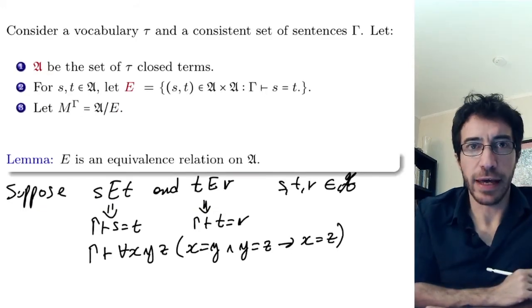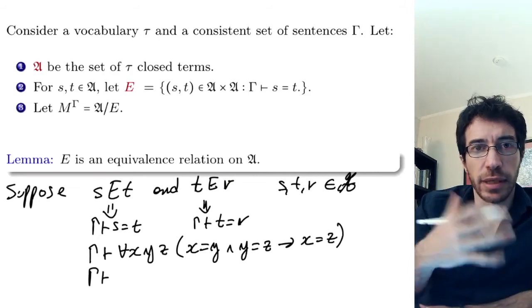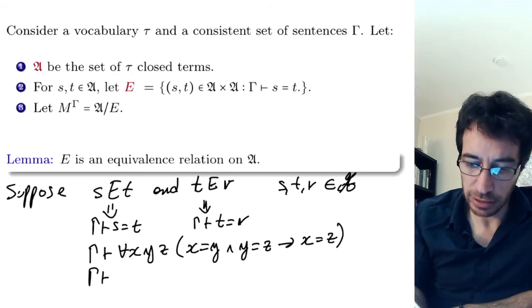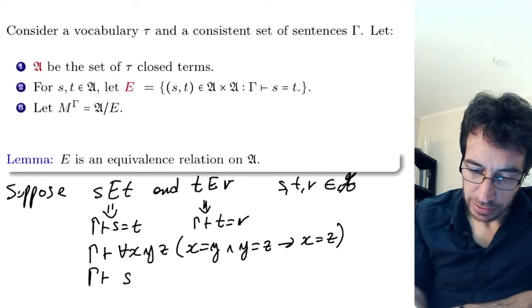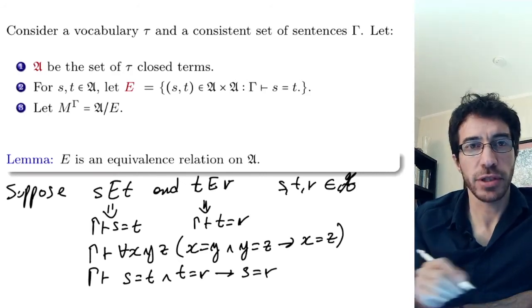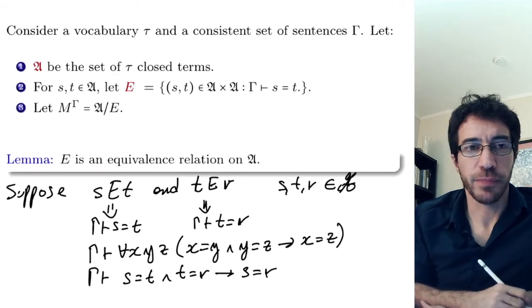Using the axiom of instantiation of these for alls, we can replace x with S, y with T, and z with R. We get from here that S equals T and T equals R imply S equals R. So this is doing the substitution and using that axiom with the for alls.